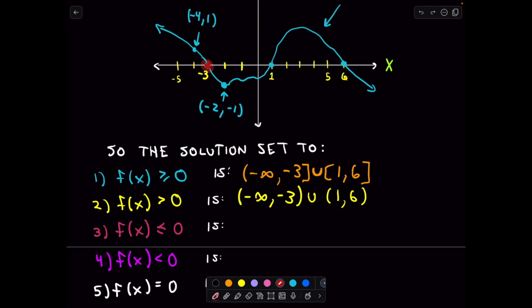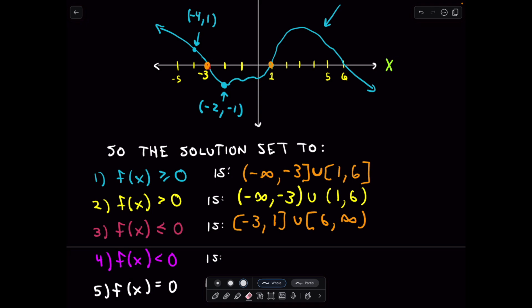The first interval starts at negative 3 and we include it, and then we go up to 1 and include everything in between. So we'll write it from negative 3 to 1, and then we'll put our union symbol because we have to skip. Then we jump to 6, and we just keep going forever, so we go off to infinity, and we'll put our parentheses. So that would be our solution.